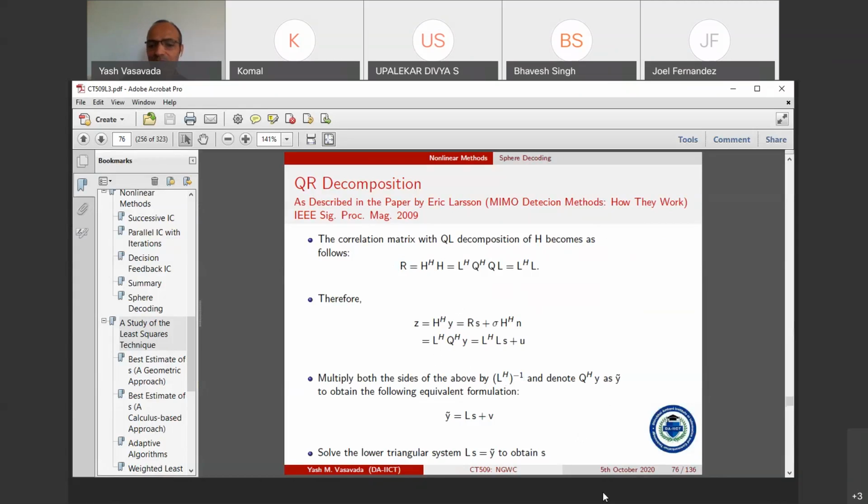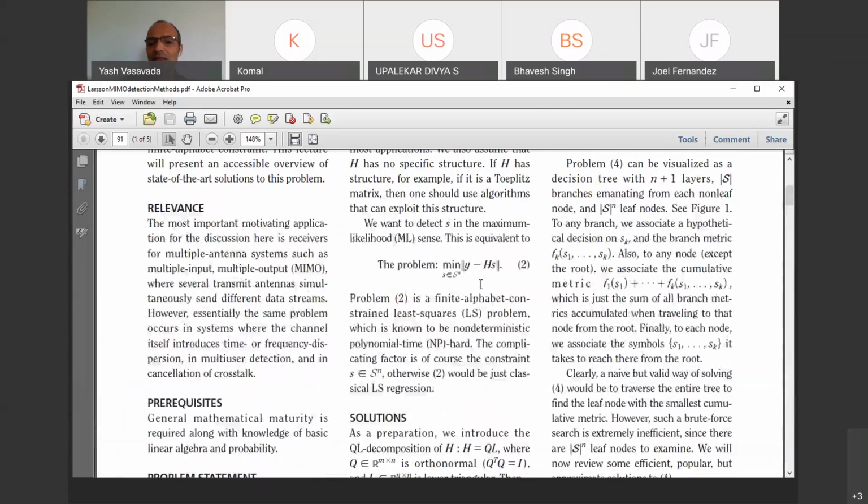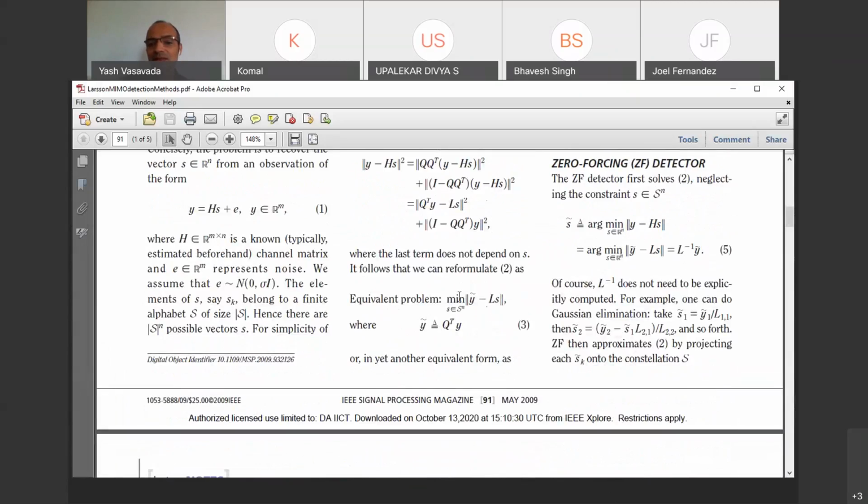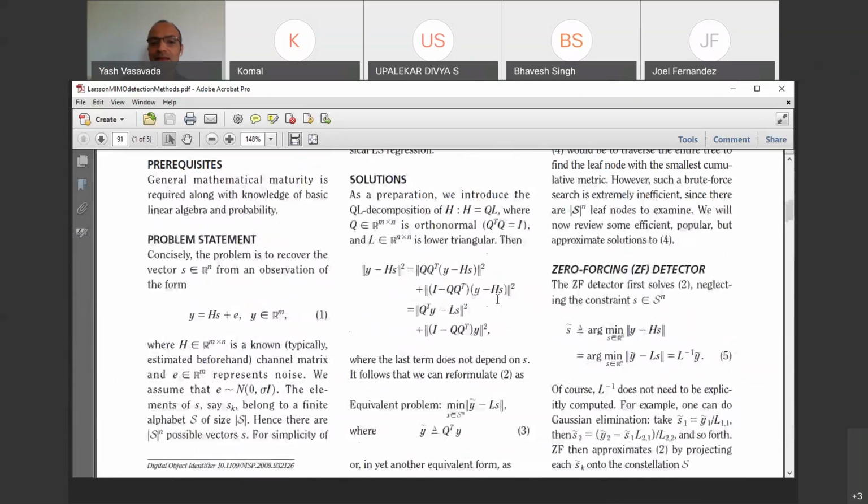And so in light of this derivation, we are already willing to say that minimizing y minus hs, equation 2, is same as equation 3, minimizing y tilde minus ls. The math challenge that I want to give you is this equation here, which I highlighted.